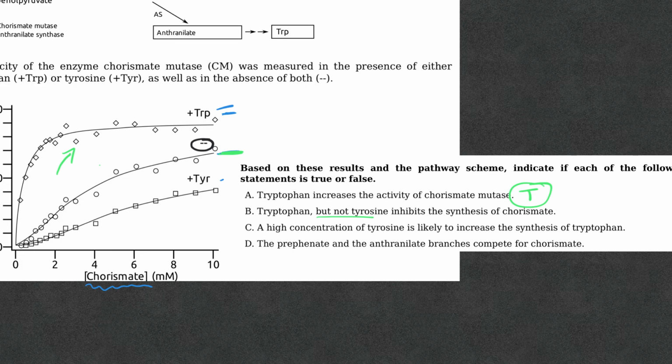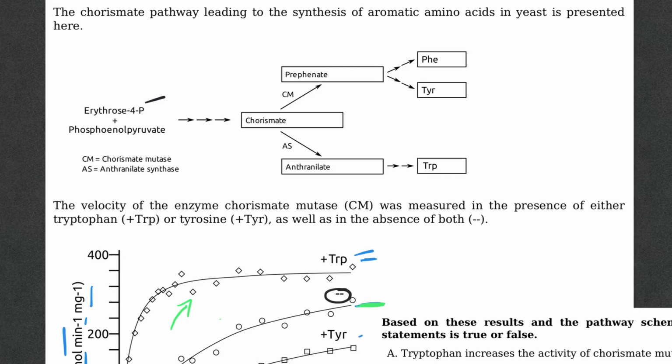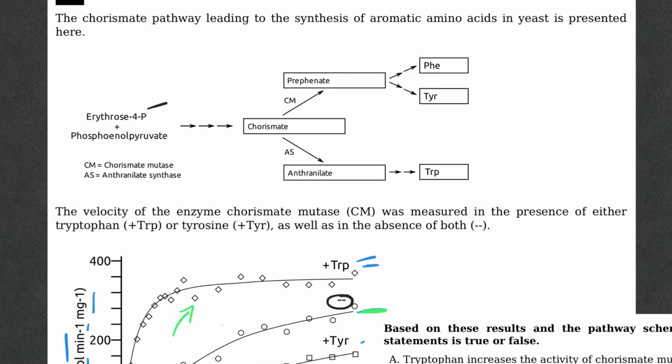Okay, so synthesis of chorismate, the picture does not in any way talk about the synthesis of chorismate. But you will be tempted to remember the negative regulation. If you remember tryptophan, right? The synthesis of tryptophan in bacteria, we covered it in the first or second question, where tryptophan was a co-repressor.